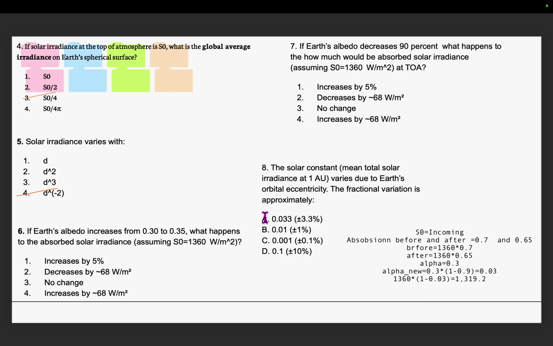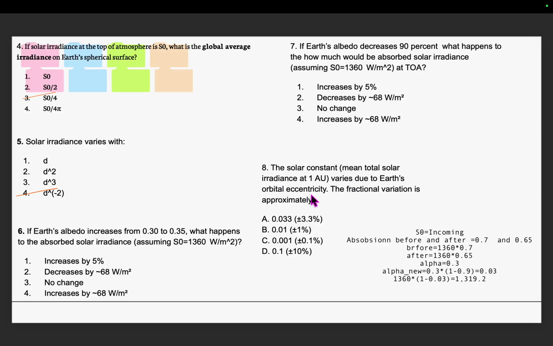Now the question, sorry, 8: the solar constant varies due to Earth's orbital eccentricity.